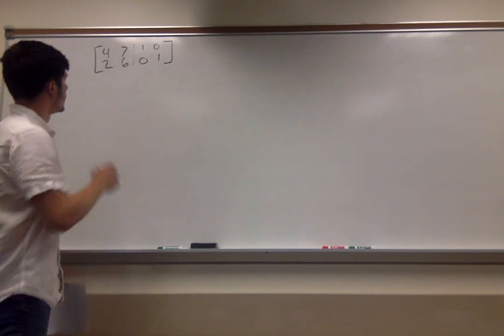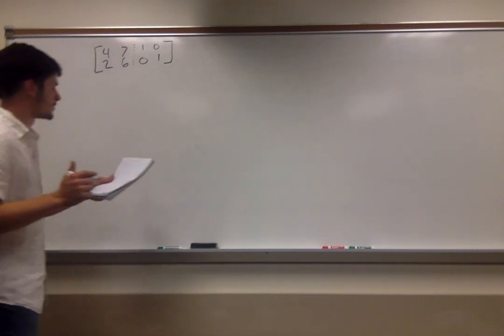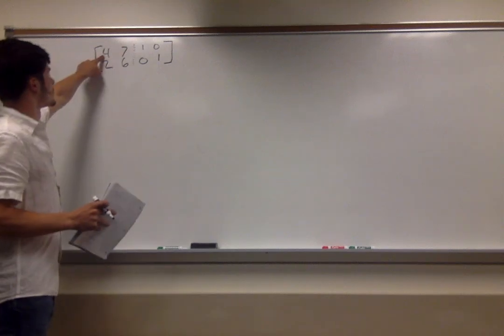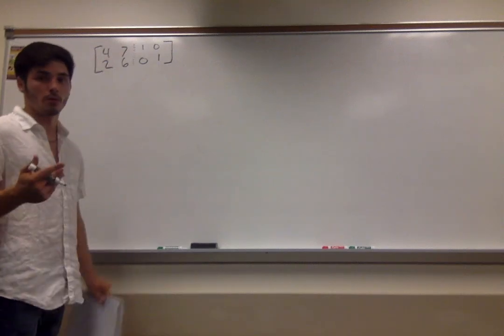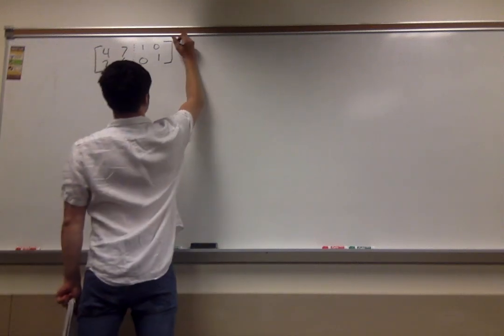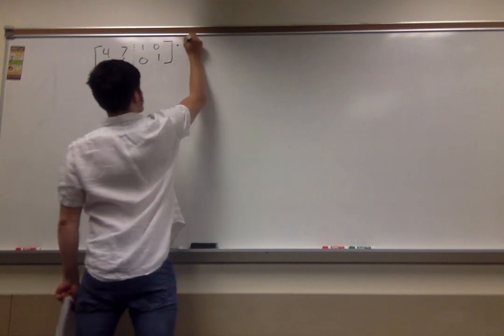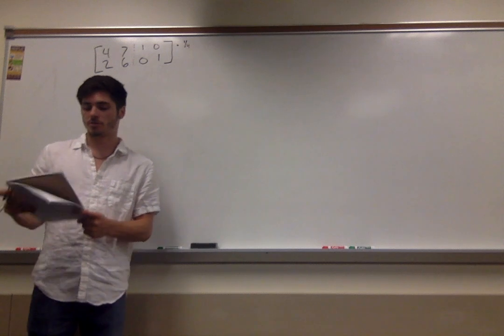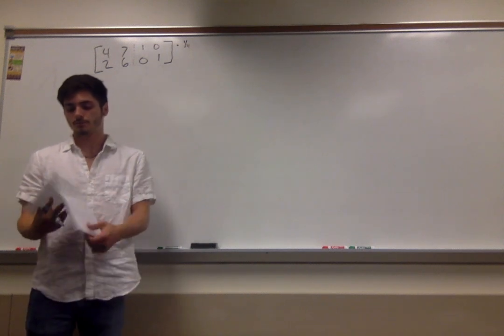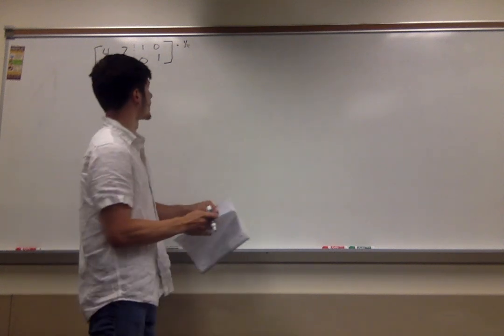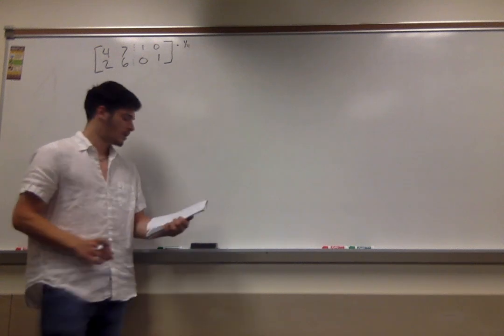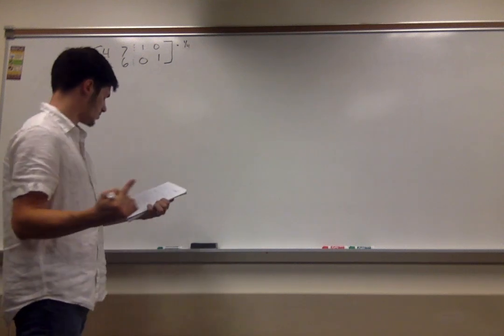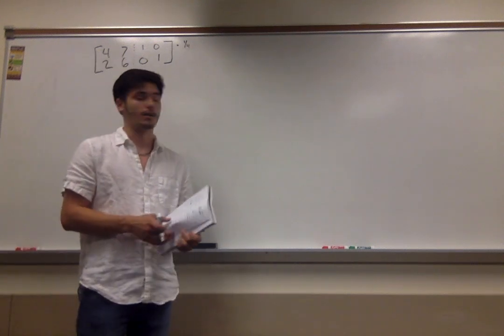Our first step here is going to be to turn this into a 1. How we're going to do that is by multiplying by 1/4. And remember our row operations, right? Remember that our row operations were, we could multiply by a constant, which is what we're doing here, we can swap 2 rows, or we can add or multiply a row by another.